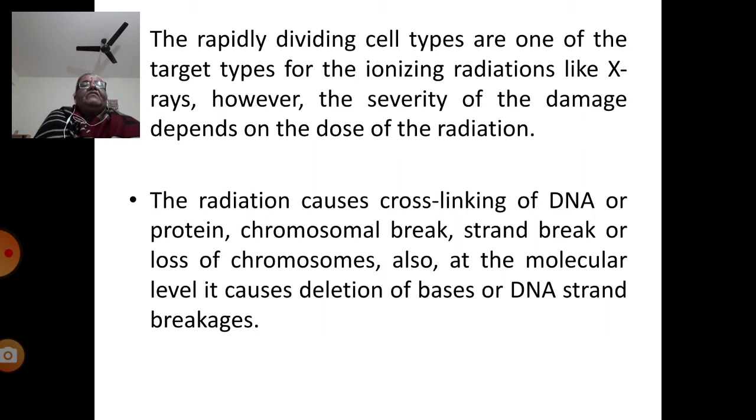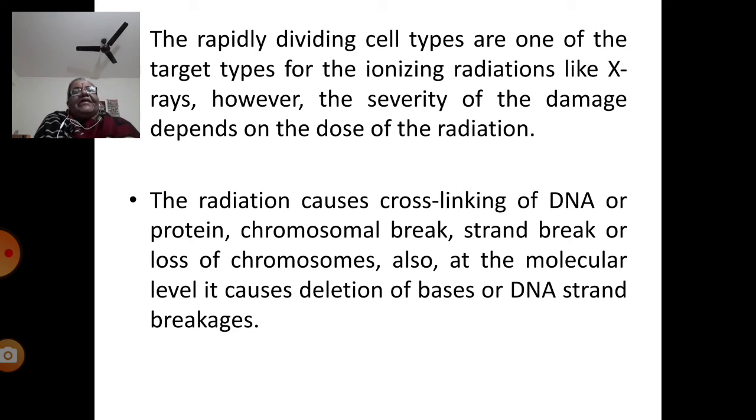However, the severity of the damage depends upon the dose of radiation that is given, okay, to which particular dose the cell is exposed is of paramount importance in deciding the severity of damage, and it is directly proportional, of course. Higher is the dosage, more is the severity, and vice versa.